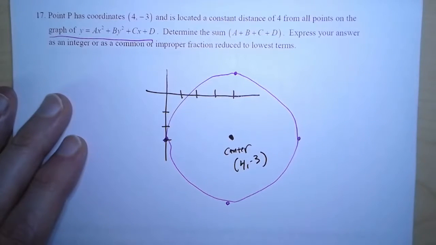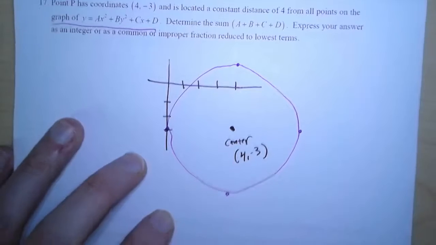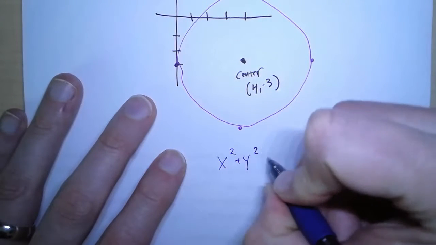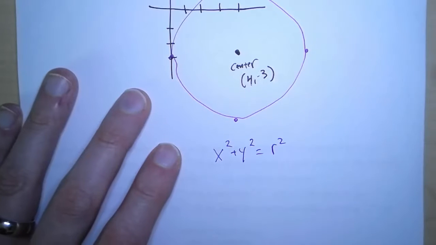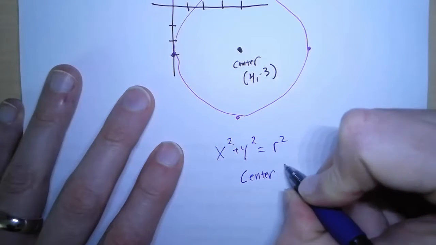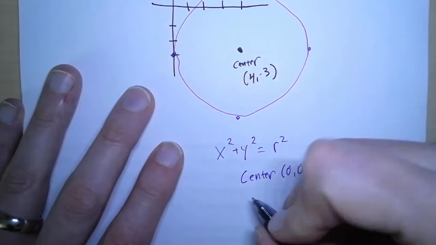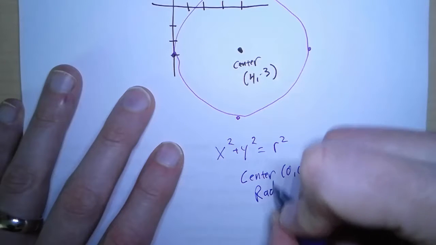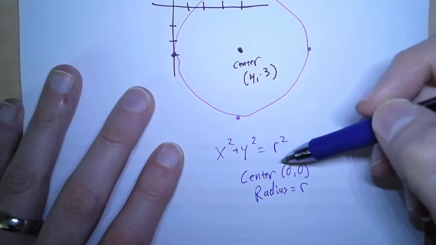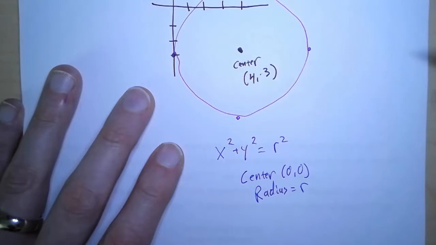Now the standard equation for a circle is x squared plus y squared equals r squared. Now that's for a circle where the center is at 0, 0 and with a radius of r. But our center is not at the origin. Our center is at 4, -3.